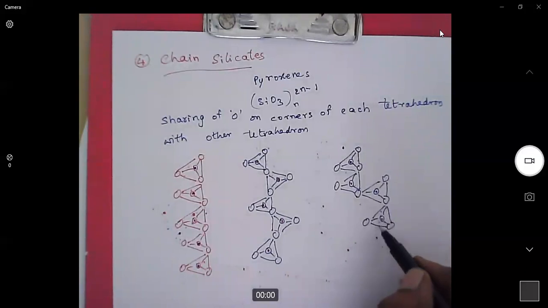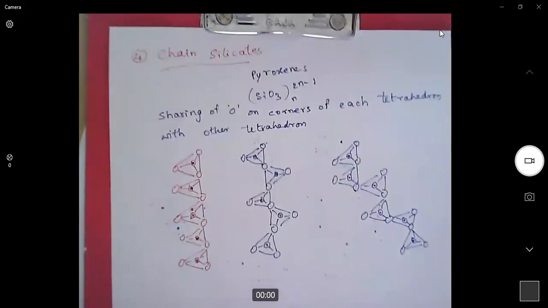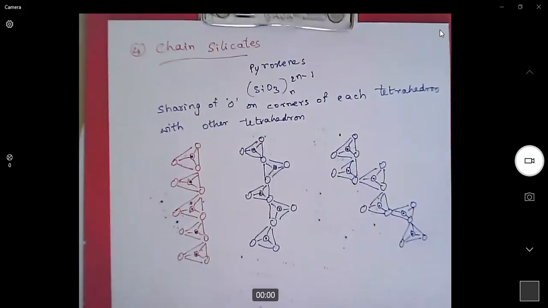It does not possess any particular order in the chain structure. Like this, it will extend. So it is an irregular chain. These are called chain silicates.